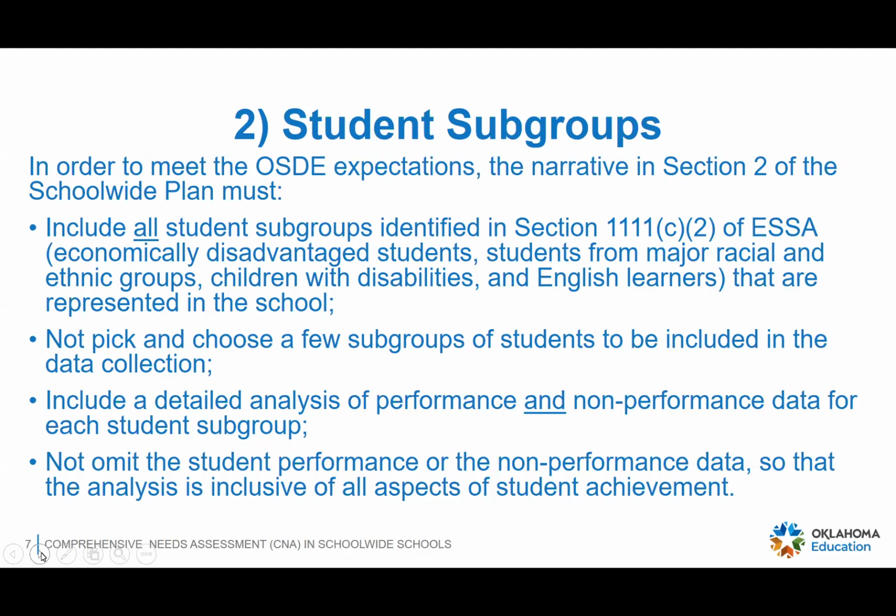You should not pick and choose a few subgroups of students to be included in the data collection. You should include a detailed analysis of performance and non-performance data for each student subgroup. And you should not omit the student performance or non-performance data, so that the analysis is inclusive of all aspects of student achievement.